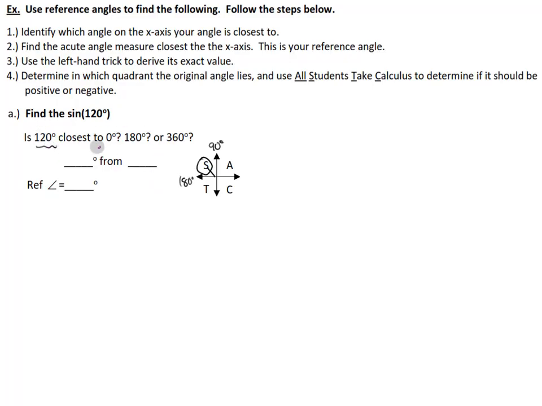So what are we closest to? 0 degrees, 180, or 360? In this case, we're closest to 180. So how far away are we? We are 60 degrees from 180, right? And so that distance, 60 degrees, is the reference angle we're going to reference from quadrant 1.